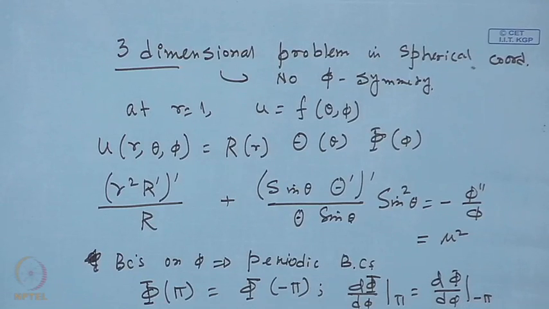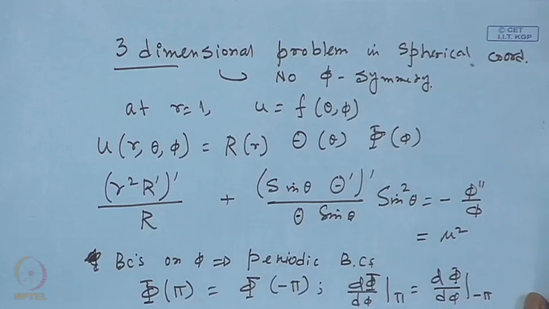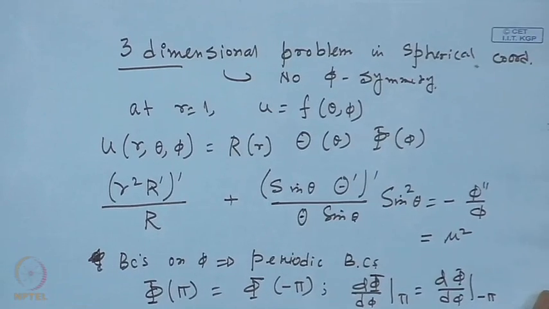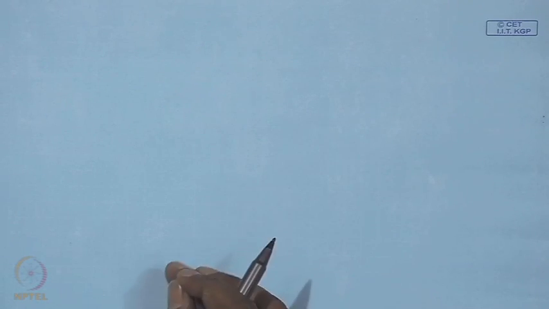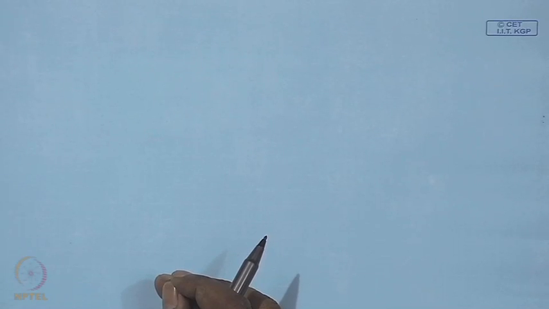So, these are the periodic boundary conditions, these are the physical boundary conditions. We use the periodic boundary conditions here. So, we can find out the eigen values and eigen functions in the phi direction.